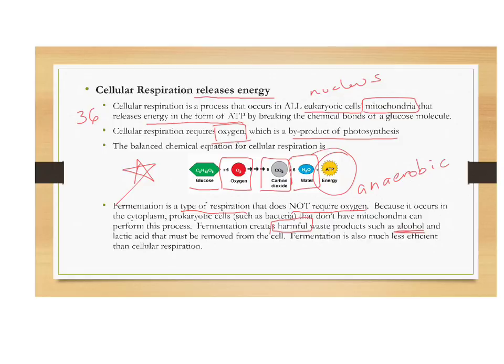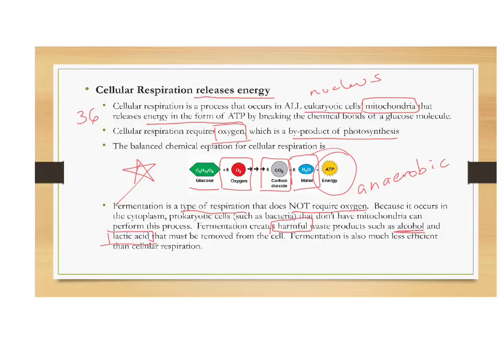So that is a waste product that is not actually harmful, but it is a waste product. But lactic acid, when animal cells undergo fermentation, they produce lactic acid. Lactic acid is actually quite harmful to an animal cell. It's what produces muscular soreness after exercise. And these products, alcohol or lactic acid, have to be removed from the cell before they cause cellular damage.